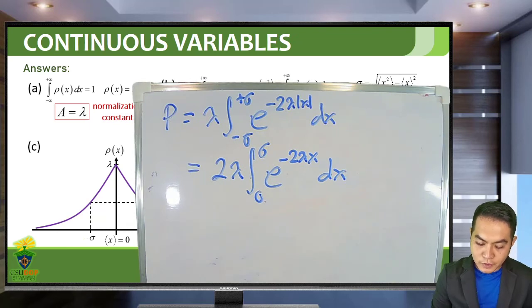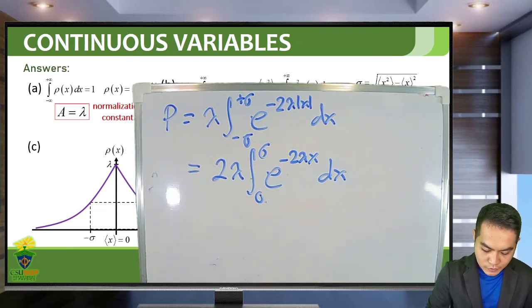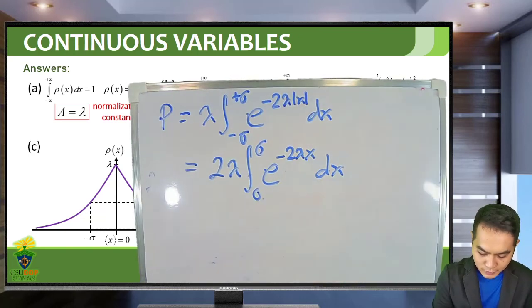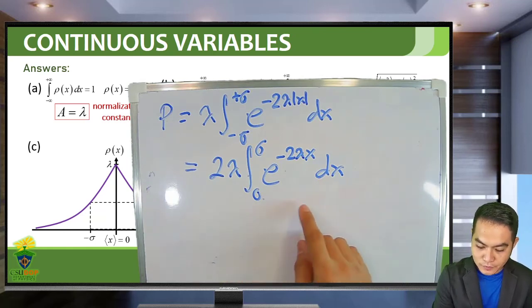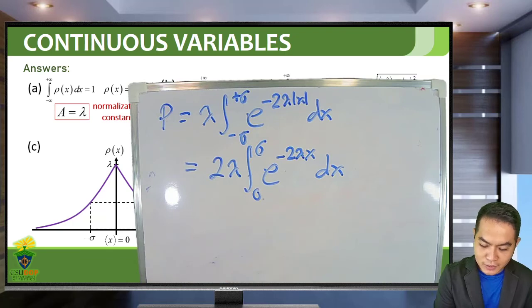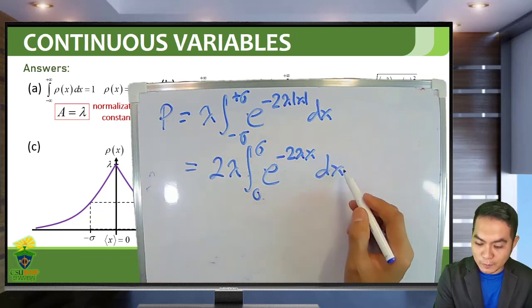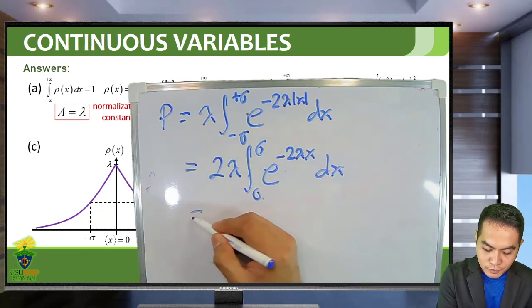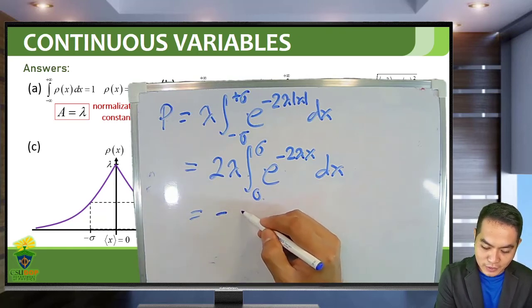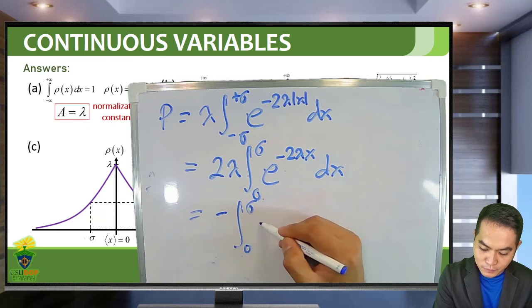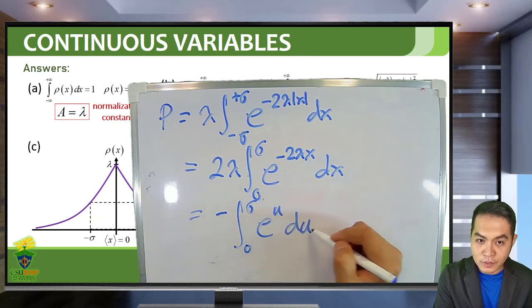Similar to what we have done, we change variables, and dx is just negative du over 2 lambda. So you take the negative 1 over 2 lambda factor outside the integral, and you have the integral from 0 to sigma of e to the u du.